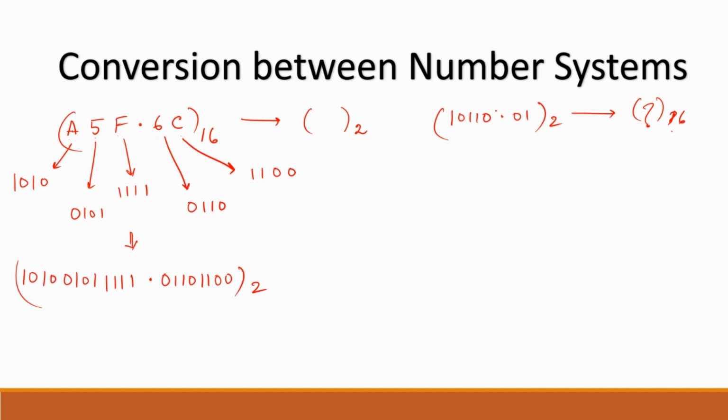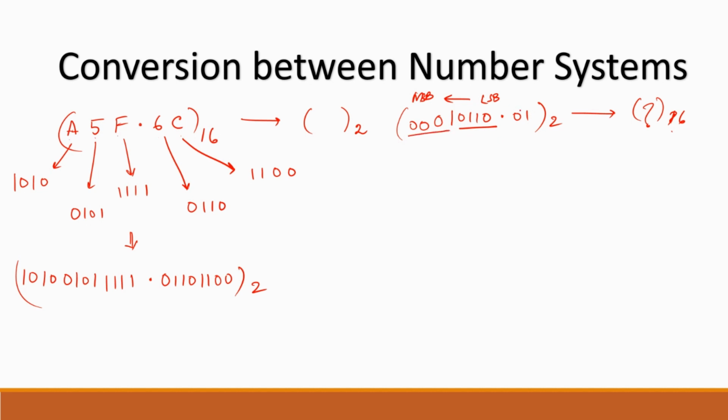We'll start with the LSB over here and move from right to left before the decimal point. So this is LSB, this is going to be MSB, and it should be moved in this manner. So this is one group. And since there are not 4 digits over here, we can pad it with zeros. So it's 1 padded with 3 zeros, and I'll put that as the second group.